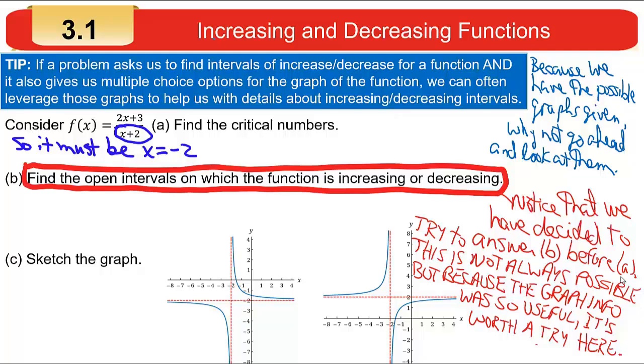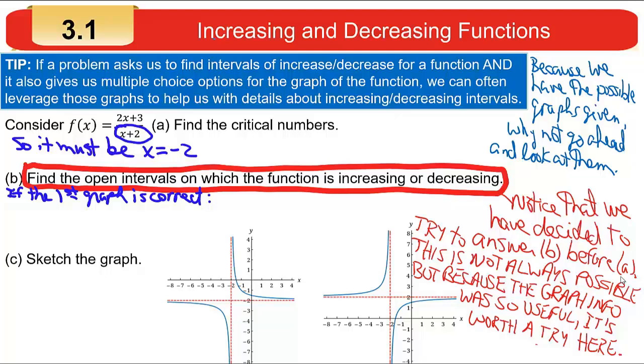I don't know which one of those 2 is the correct one, but I know one of the 2 is, so I might be able to get some information about the open intervals before I even do any calculus at all. So in this problem, I'm trying to get you to do a little bit of higher level thinking and use your knowledge of pre-cal to get you started before you even do any calculus, if that makes any sense.